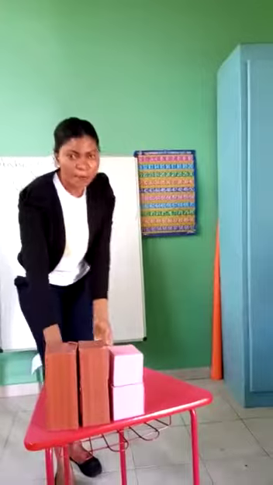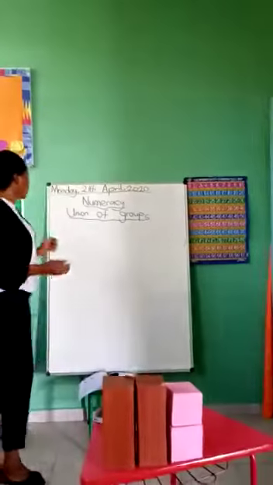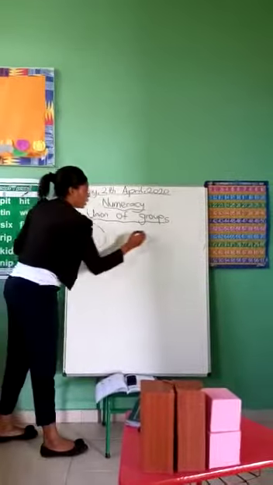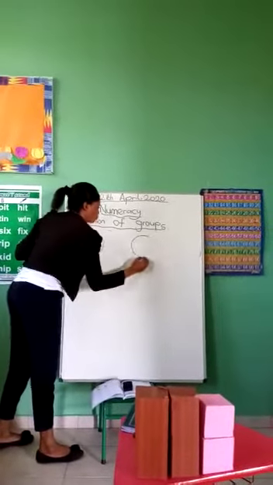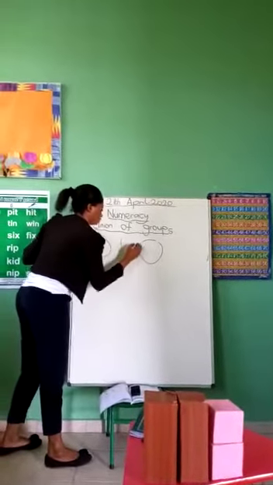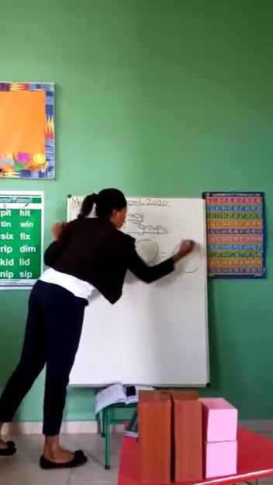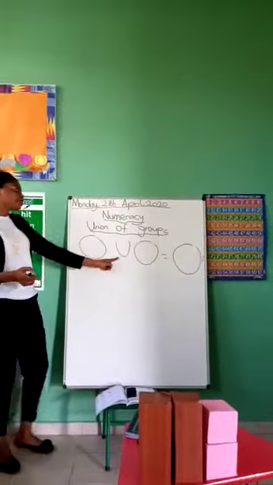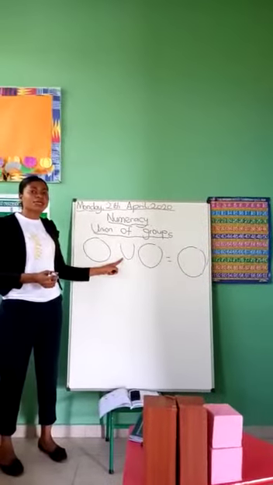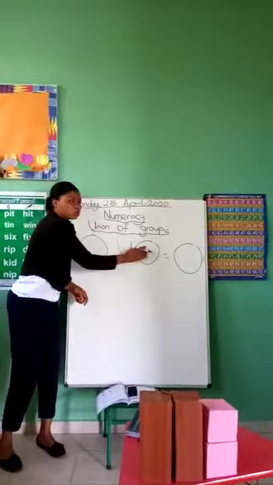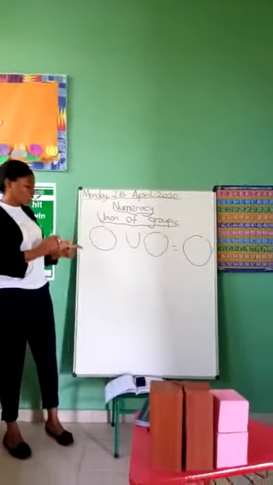Now let's go to the board. This is one group and this is another group. And this sign here represents the union. It tells you that you have to put this and this together. Okay, good. That is what it means.